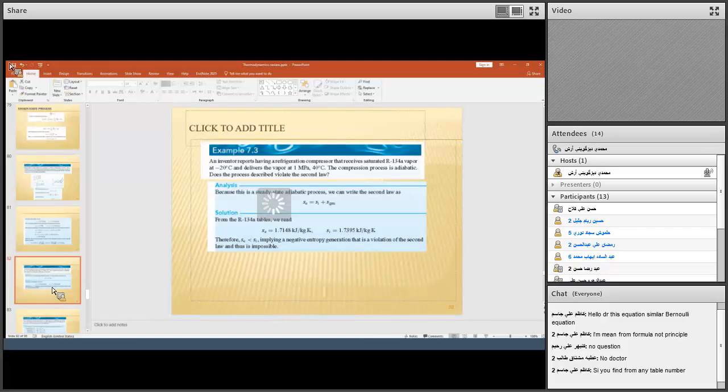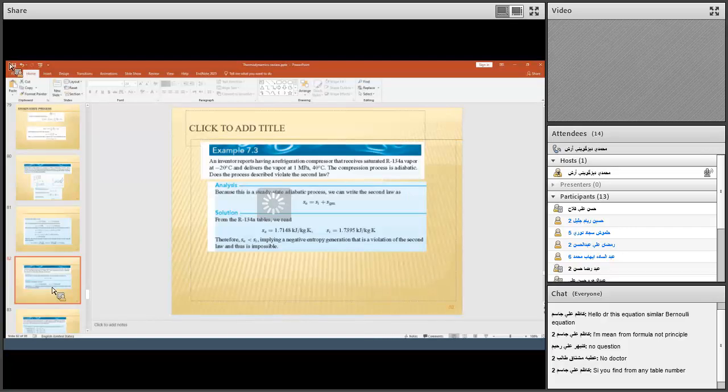From the table of R134A, we see that entropy at exit, at the given temperature and pressure, equals 1.7148 kilojoules per kilogram Kelvin, and entropy at inlet, for the vapor state at minus 20 centigrade, equals 1.7395 kilojoules per kilogram Kelvin.